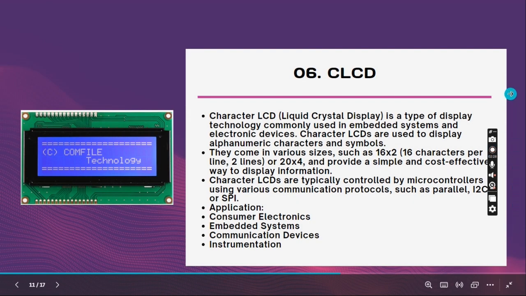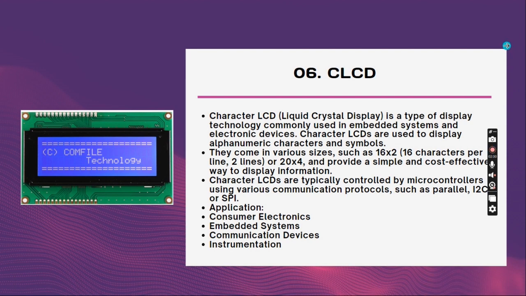Coming to the next, we have CLCD. CLCD stands for Character Liquid Crystal Display. It is a type of display commonly used in electronic devices and embedded systems to provide visual feedback or information. It consists of a grid of alphanumeric characters or symbols that can be displayed in a fixed format. I would like to list down some of the characteristics of character LCD.